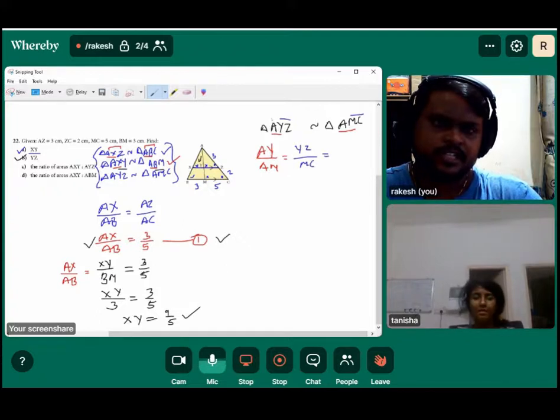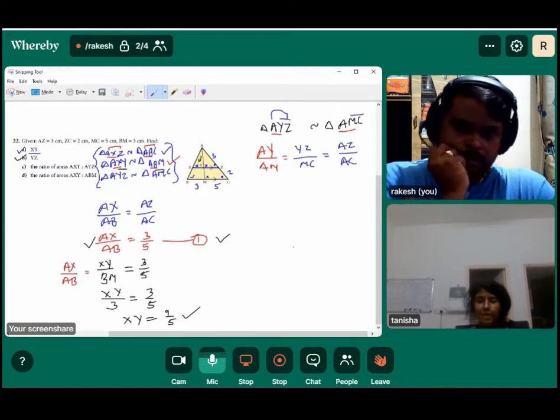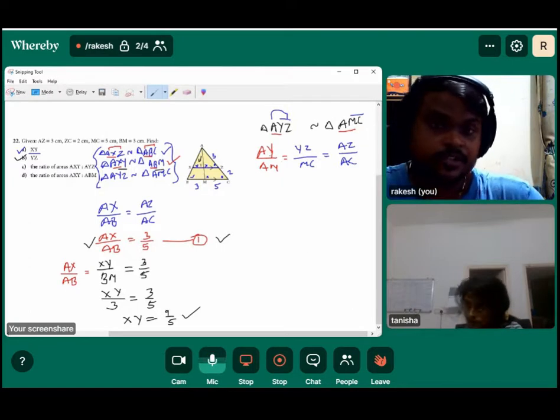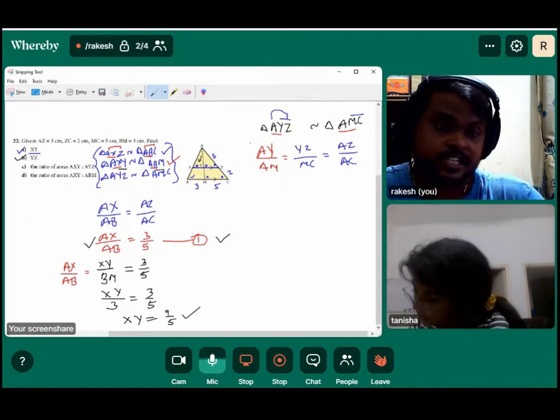Now I'll choose these endpoints, which is AZ upon AC. The ratios of their corresponding sides will be equal.